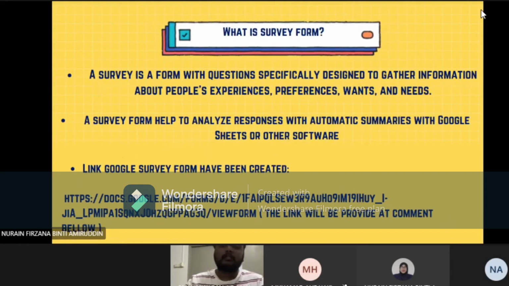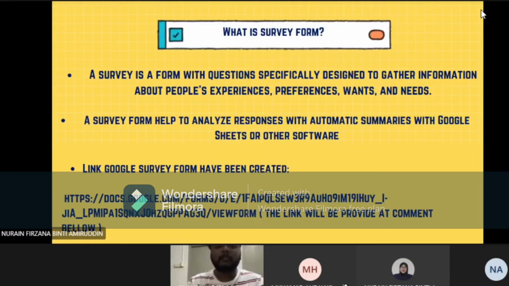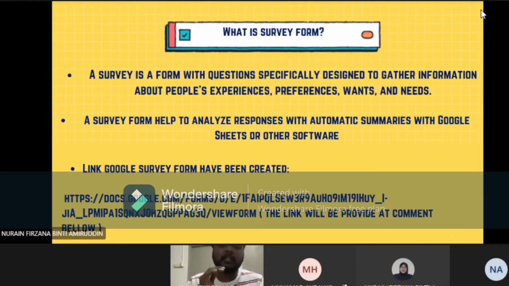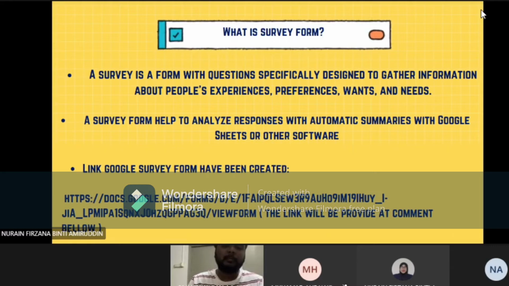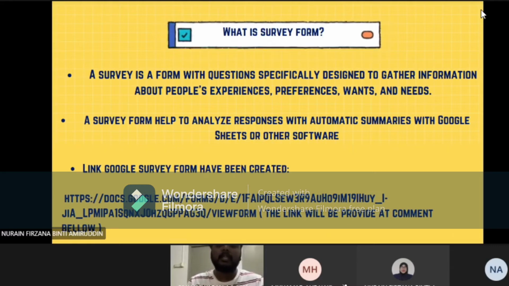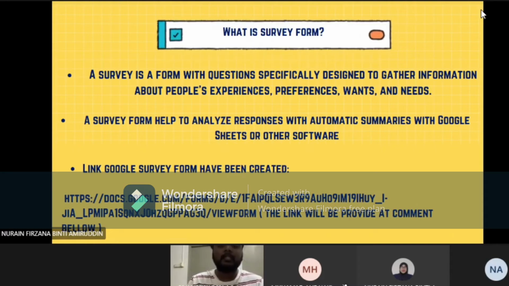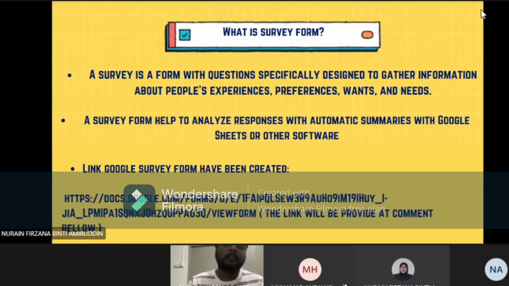Next, what is a survey form? A survey is a form with questions specifically designed to gather information about people's experience, preference, wants, and needs. A survey form helps to analyze responses with automatic summaries using Google Sheets or other software. We used Google Sheets and provided the link down here.